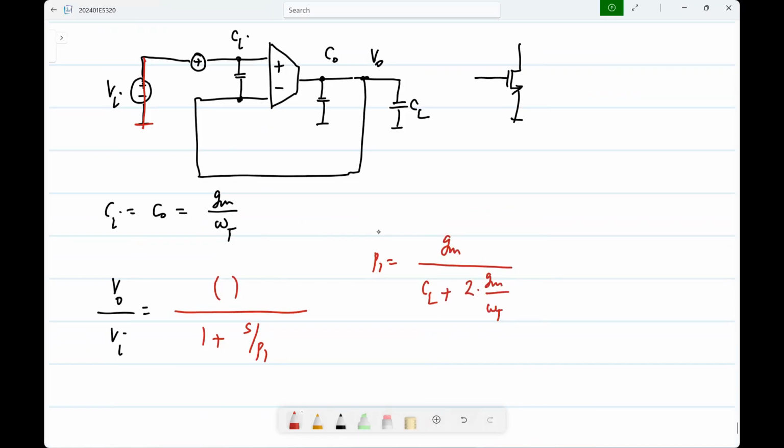Okay. So now what you want to find out is what is the gm required for some value of P1. What will be that expression? This is what you found out, right? Okay. So basically, if you rearrange this, you get CL by gm plus 2 by omega t equal to 1 by P1, right?